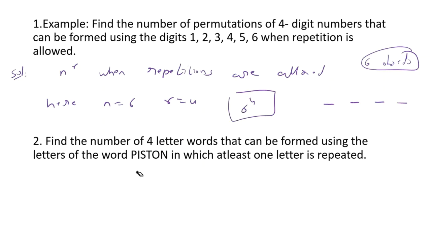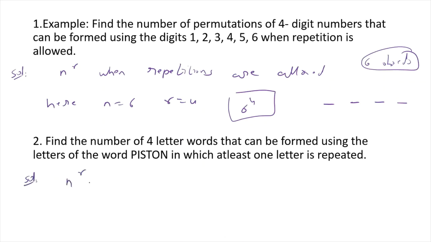And the second question is like this. Find the number of 4-letter words that can be formed using the letters of the word piston with at least one letter repeated. So here they are asking us to find the number of 4-letter words with at least one letter repeated. So what is the formula that we have?